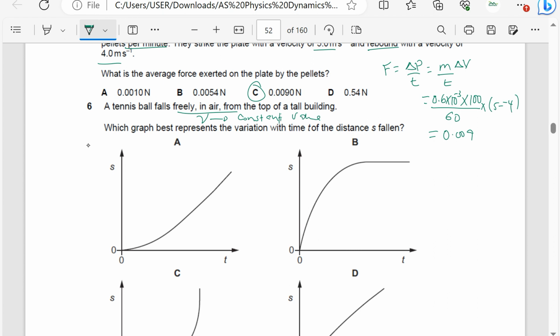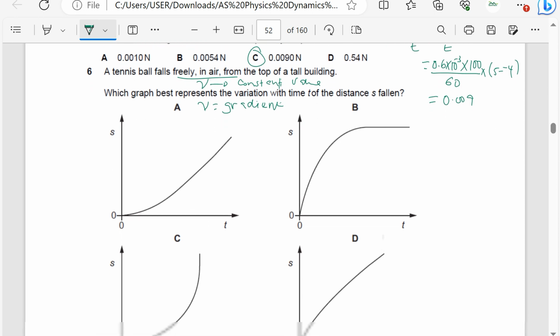And remember, v is the gradient. So the gradient should become constant, not horizontal. So v is the gradient.